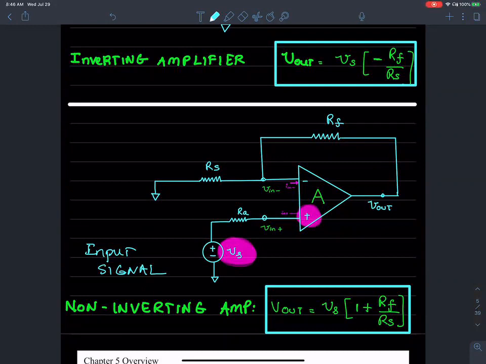And on the top, the multiplying factor, negative RF over RS, is negative. So in the non-inverting amplifier, the gain is positive, and in the inverting amplifier, the gain is negative. Does that make sense?